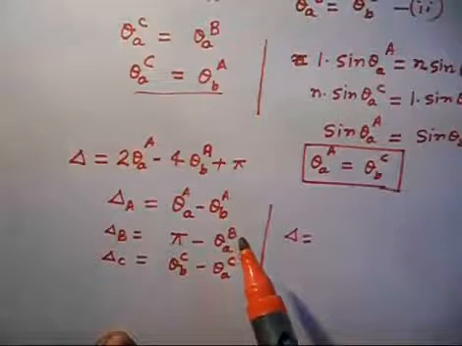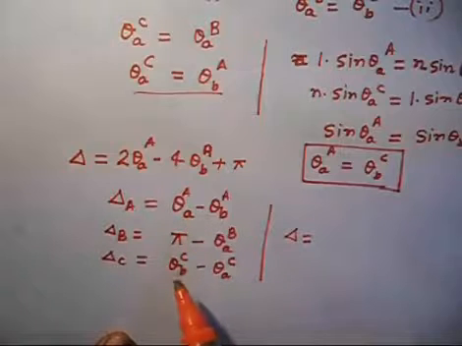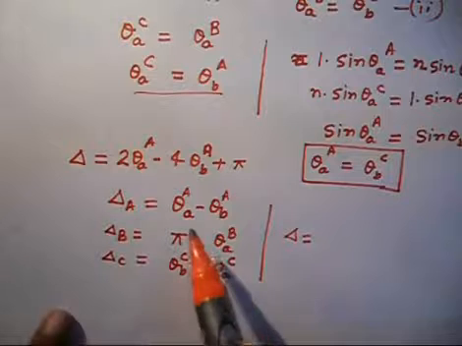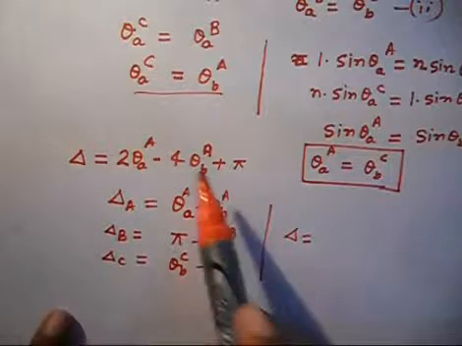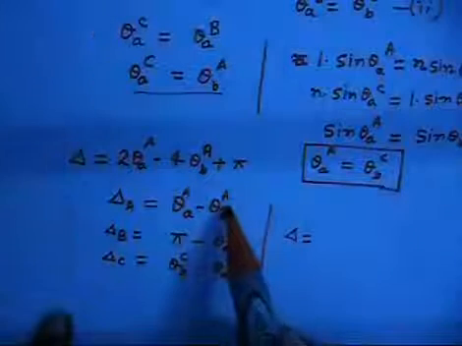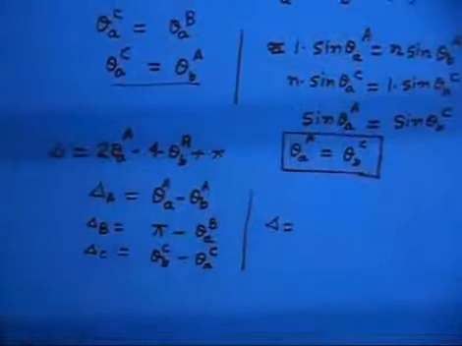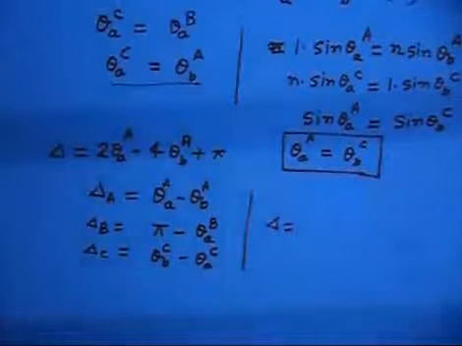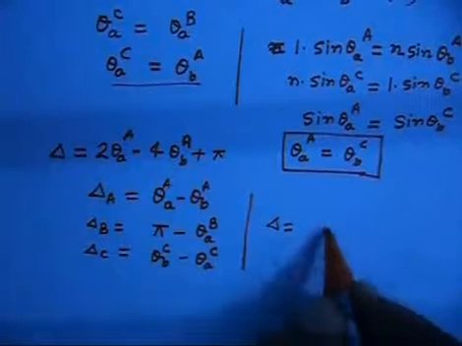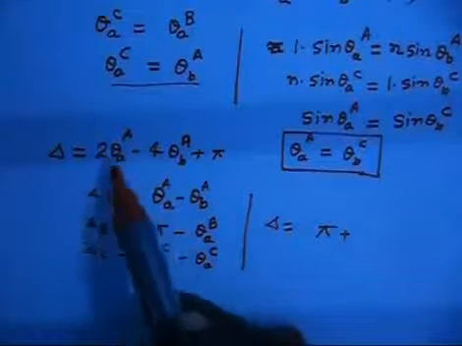Now basically all angles, so theta a at A. So let me write, I need 4 times theta b at A. So delta will be, so total is pi plus I will have theta a at A 2 times.